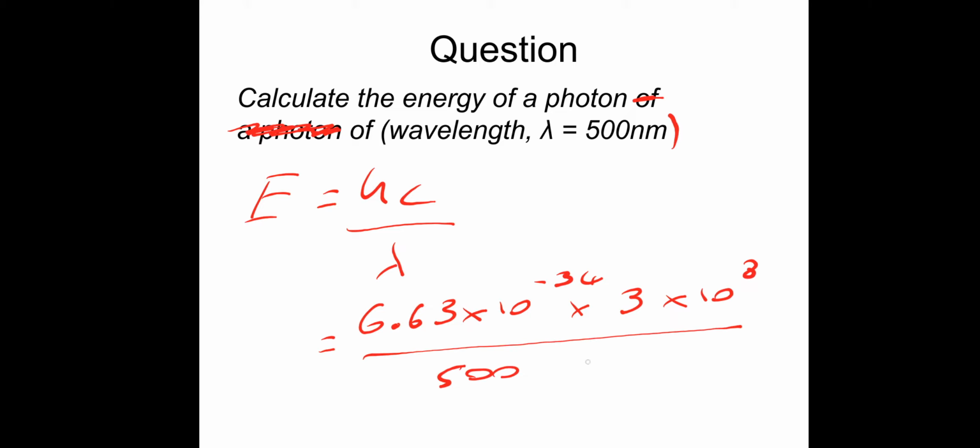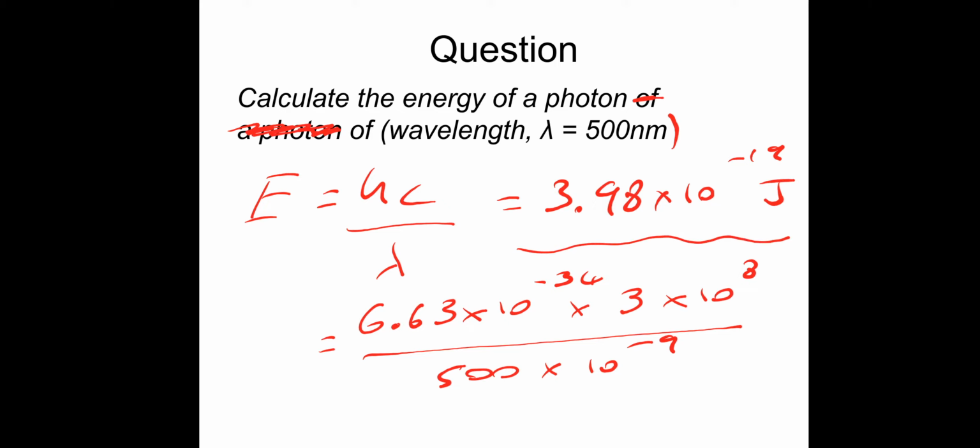So that will just be 500. Remember, nano is times 10 to the minus 9. So put that in your calculator and you'll get 3.98 times 10 to the power minus 19 joules. Pretty straightforward. So let's move on.